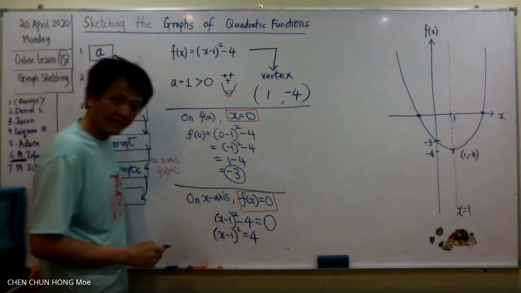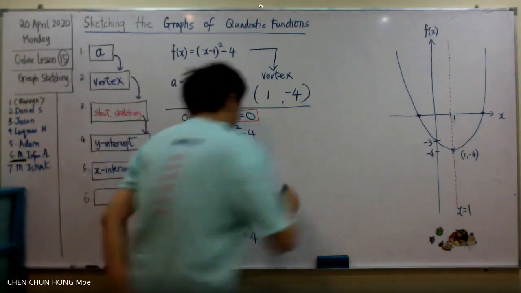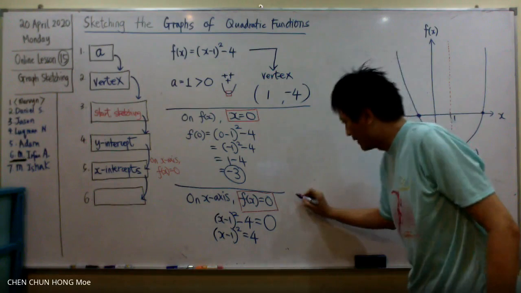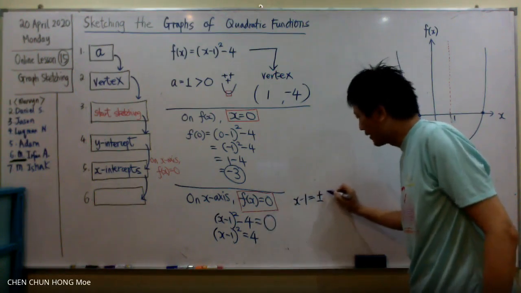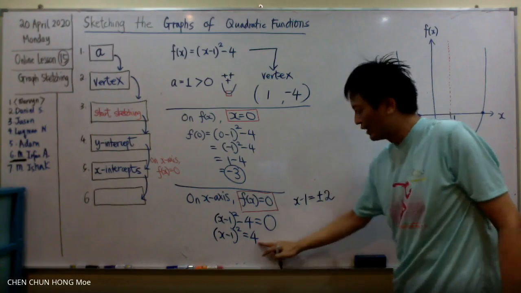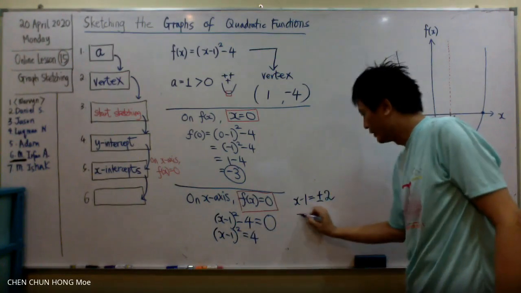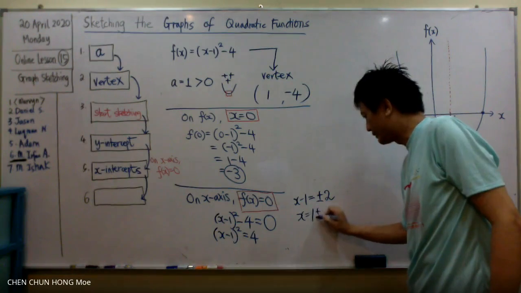You can expand, but I'm not doing that. So x minus 1 equals plus minus square root of 4, which is 2. So x is 1 plus minus 2.